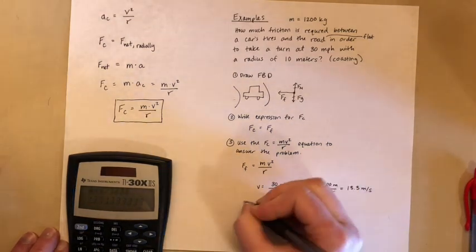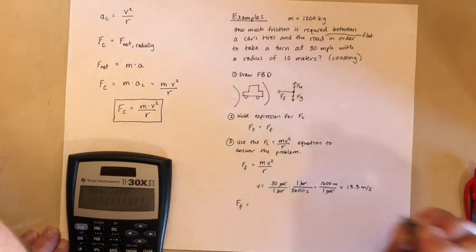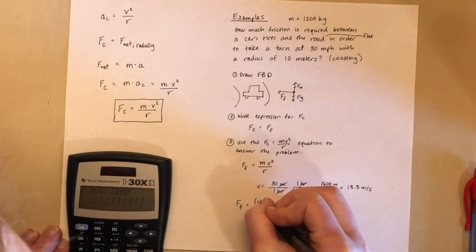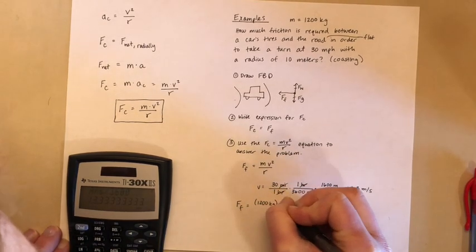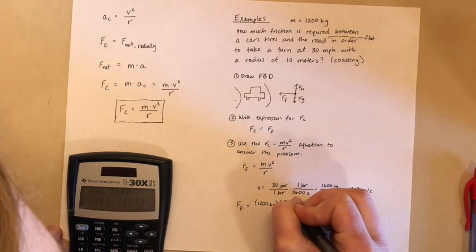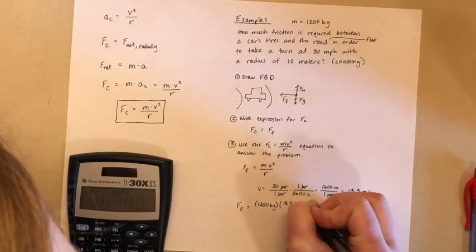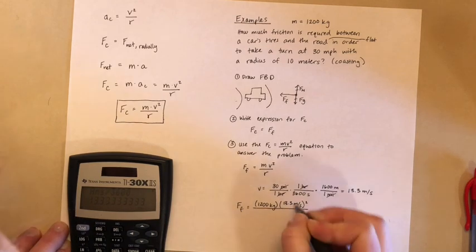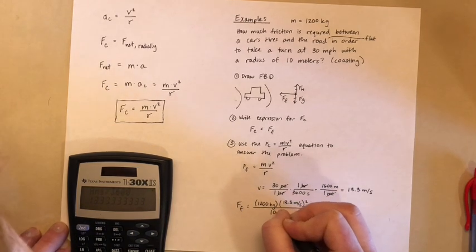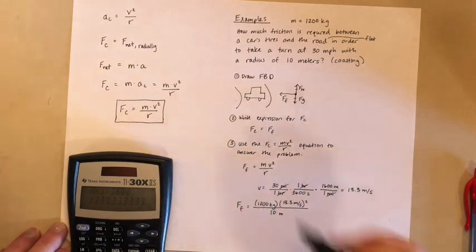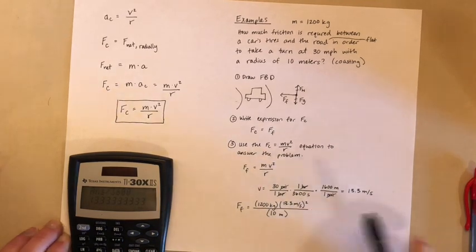And then from there, we're just going to plug in all of our knowns: the mass, the velocity, and the radius, and calculate.